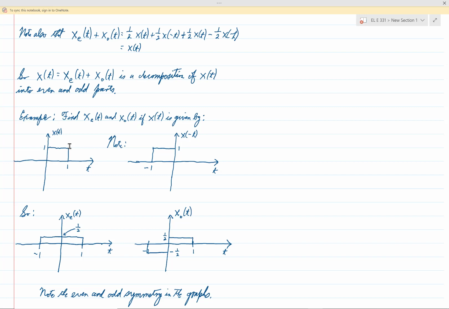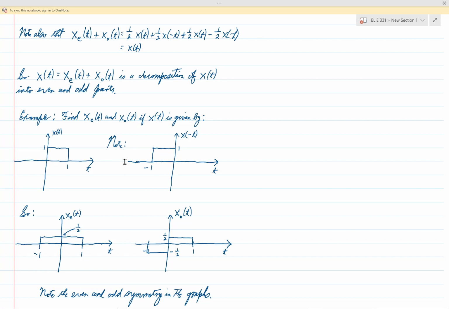But we can decompose it into even and odd parts as follows. Now, if we want to get xe of t and xo of t for this function, remember, again, xe of t is 1/2 x of t plus 1/2 x of negative t, and xo of t is 1/2 x of t minus 1/2 x of negative t.